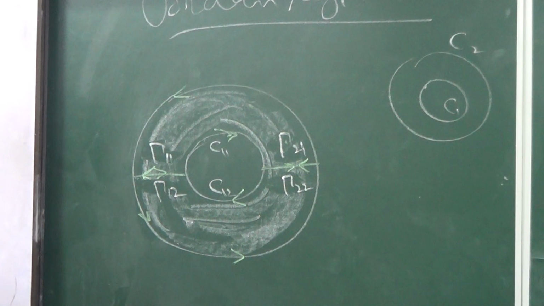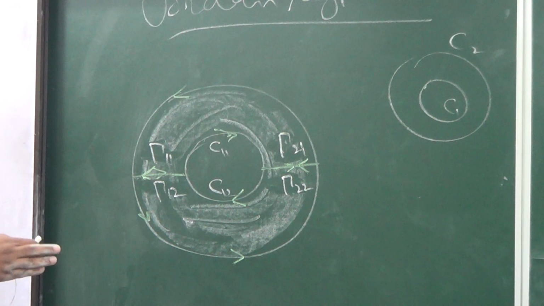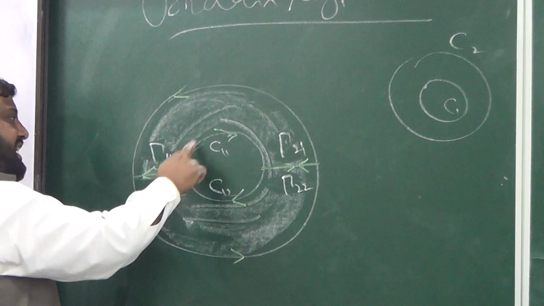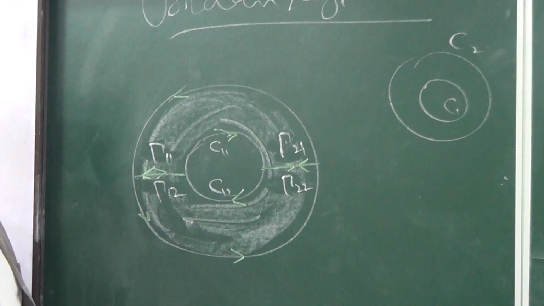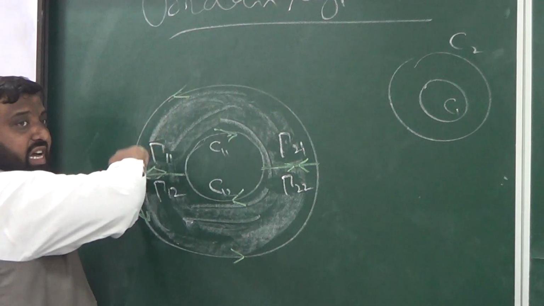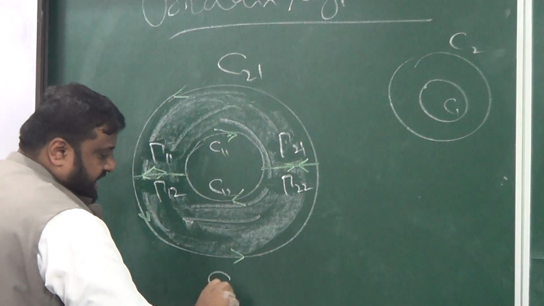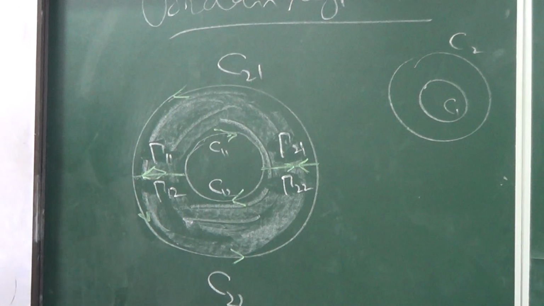So your task is to show, just play with it. What we did here, you try to do something with it. This entire curve can be seen as what? This half of it, let's call it C21, and this piece C22.